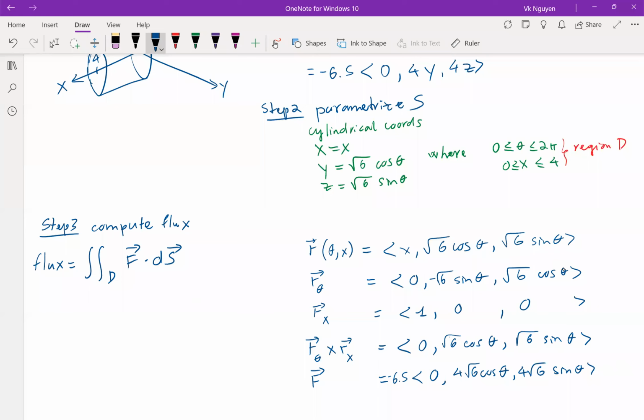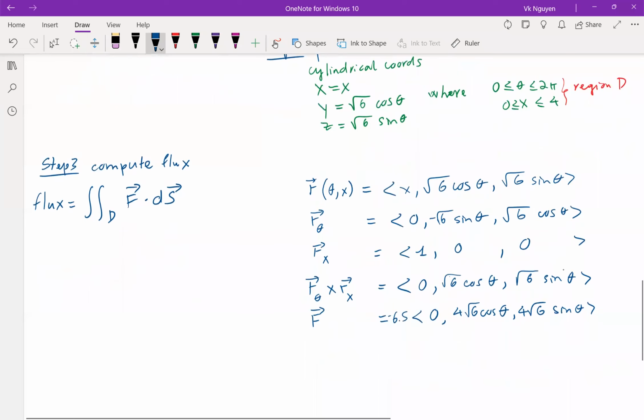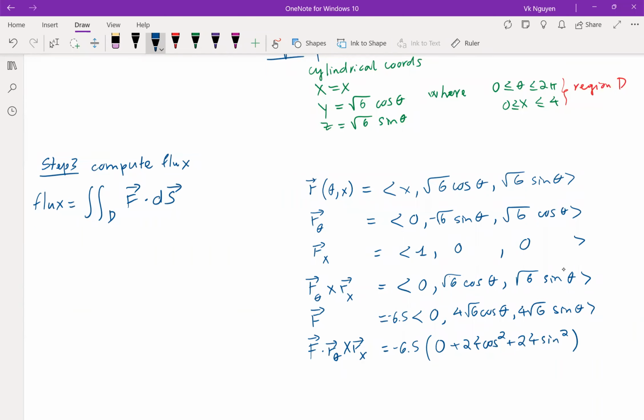Now dot them up. Oh man, almost there. Negative 6.5, 0. Oh, 4 times 6 cosine square, so 24 sine square. Oh, how nice.